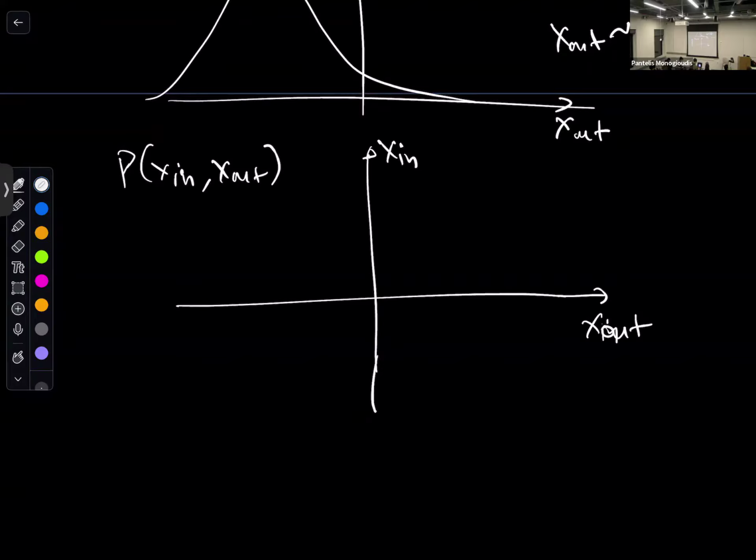I have an underlying joint probability distribution, which is bivariate Gaussian. And I'm asking you now to tell me what you expect to see if I read both sensors at the same time. What kind of plot do you expect to see? First of all, we are drawing samples, so there will be points. I'm claiming that you will get a cloud of points like this.